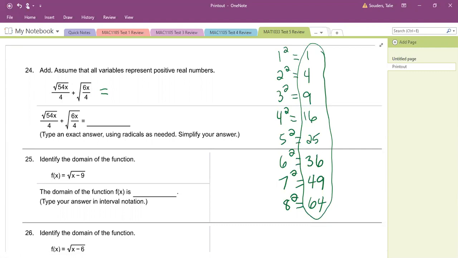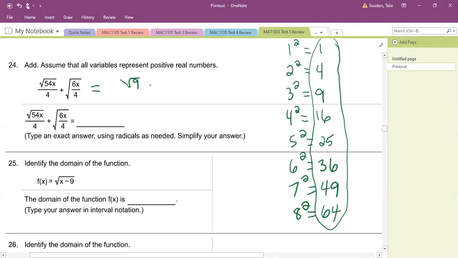So you can split up 54 as the square root of 9 and the square root of 6x, because the x doesn't simplify, right? All over 4, good. And then I'll go ahead and finish that part and then we'll deal with the other fraction. What is the square root of 9? 3. Good. So the whole first fraction becomes 3 times the square root of 6x all over 4.